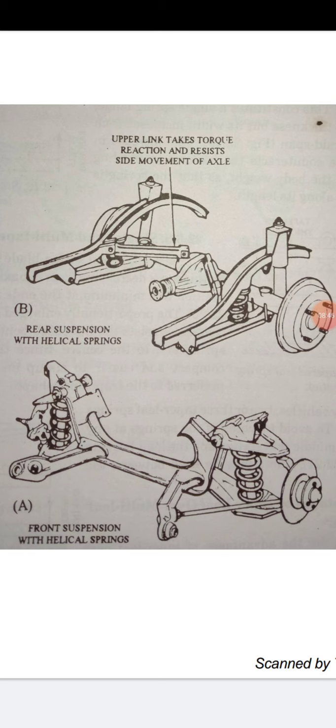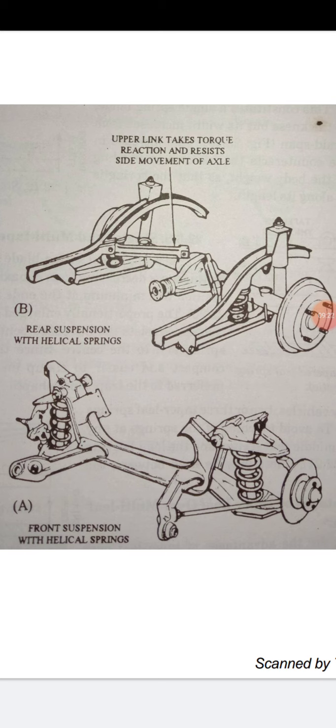Besides providing force and stiffness, the lower arm together with the damper tube also absorbs the braking torque. A Panhard rod or tie rod resists the lateral movement of the axle.